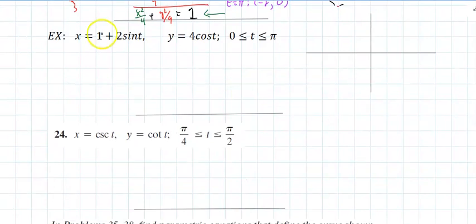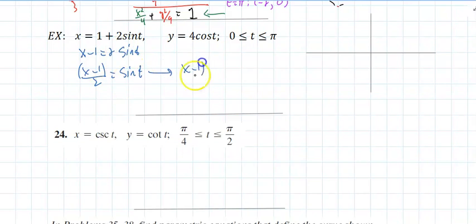If I look at this problem, I'm going to make use of that trick again. X minus 1 equal twice the sine of t, and x minus 1 over 2 equals sine of t. And if I square both sides, I'll be looking at x minus 1 squared over 4 equals sine squared of t.